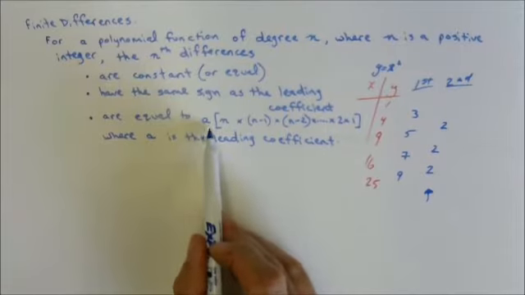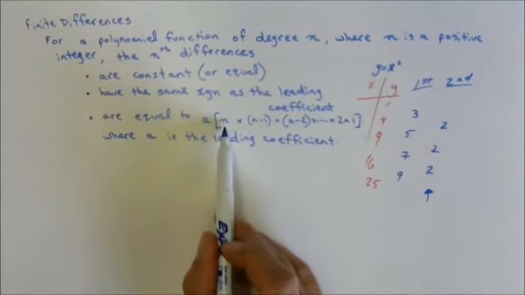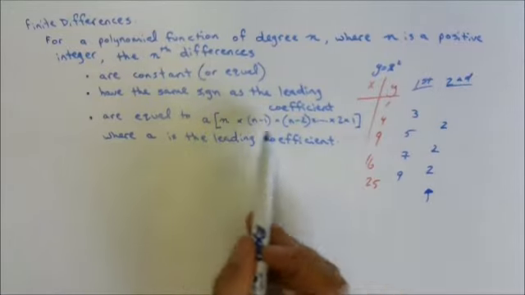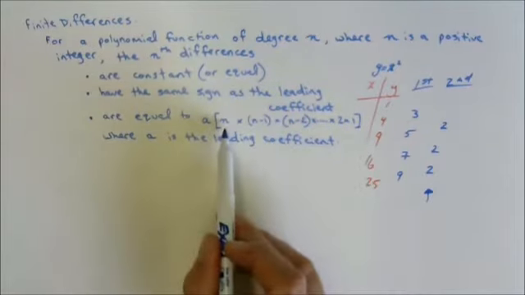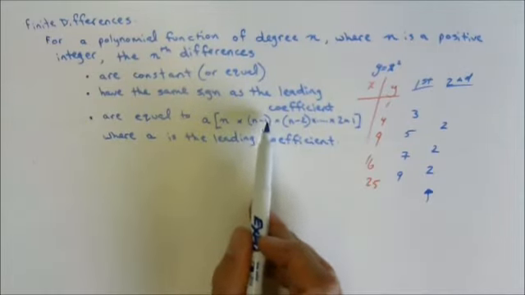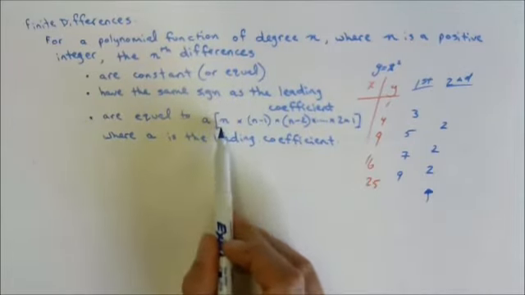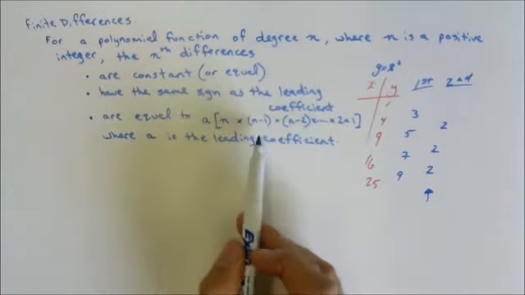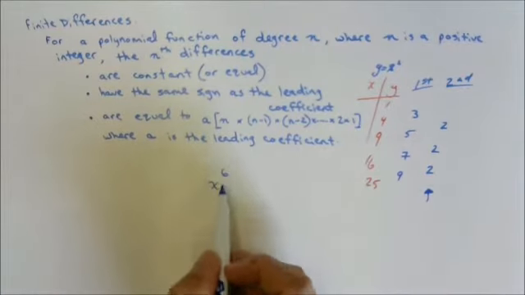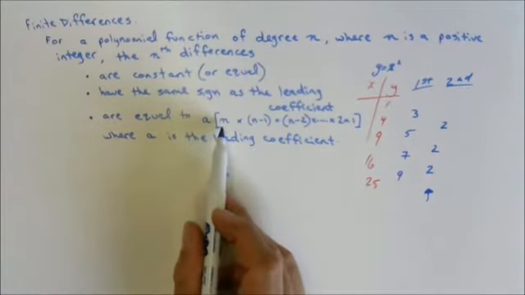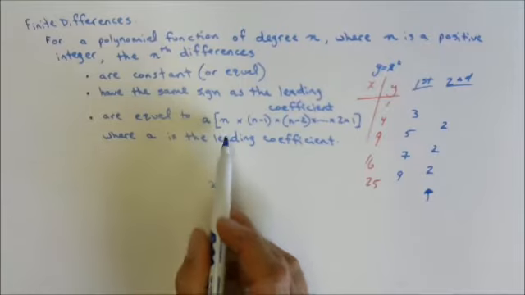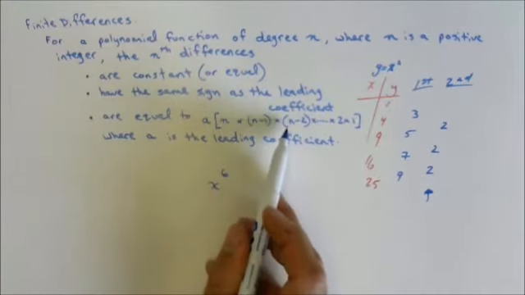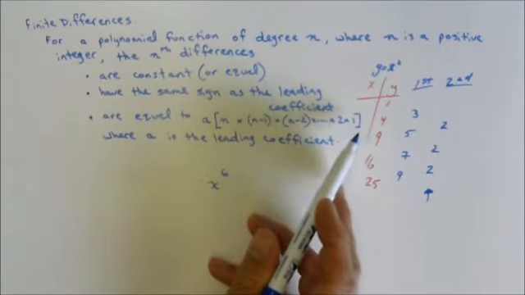You don't know what the leading coefficient is yet in this scenario, but you do know the degree, and what, inside this box, means is n times n minus 1, which is just the number just below n, times the next number, times the next number. So if you had a function like x to the power of 6, all it's saying is that you take 6 times 5 times 4 times 3 times 2 times 1.